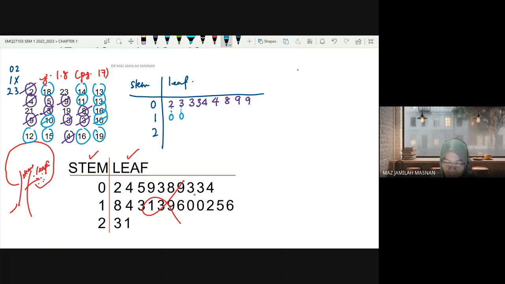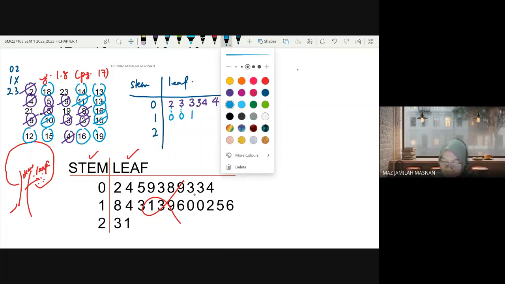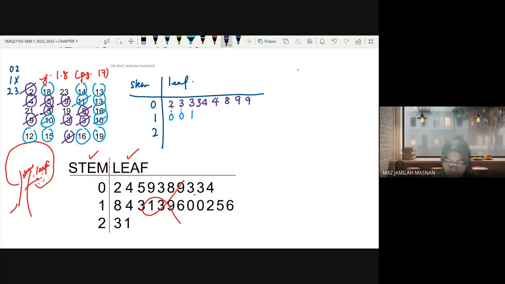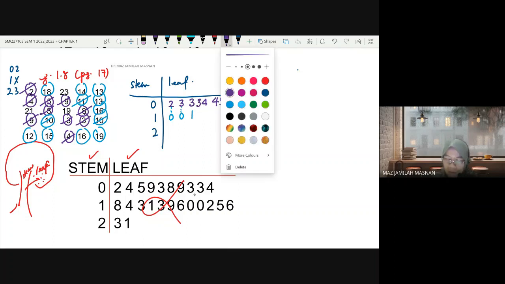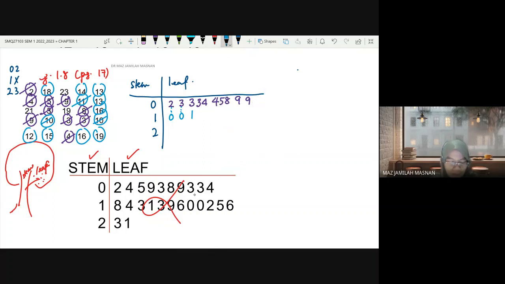Follow the values above. Then the second smallest is 11. We have only one 11. Then, oh, we forgot 5 here, right? No one told me. We have 5 here. So then you have 0, 0, 1 for 11.